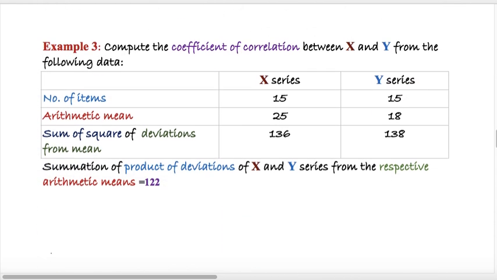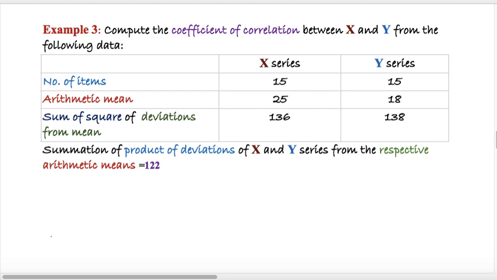Now let's see the third category of the problem. Here they are asking us to compute the coefficient of correlation between x and y from the following data. The x series and y series are given, and the number of terms is n, since both are pairwise. The arithmetic means x bar and y bar are given to us.